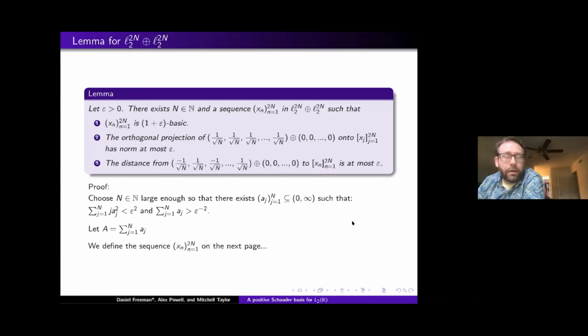And so you can maybe see how this could help us, because in building a basic sequence, this would play the role of the constant vector, the indicator function of the interval [0,1], and we want that to be almost orthogonal to our basic sequence. And this is going to play the role of a Haar vector, and we want it to be close to the span of our basic sequence.